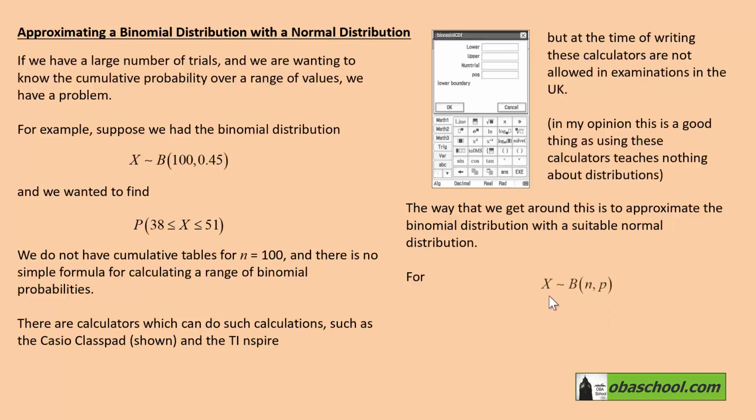For X following a binomial distribution with n trials and a probability of success p, we know that the expectation of X, or the mean, is np, and the standard deviation of X is the square root of n times p times 1 minus p. And remember that the parameters for a normal are the mean and the variance, which of course is the square of the standard deviation.